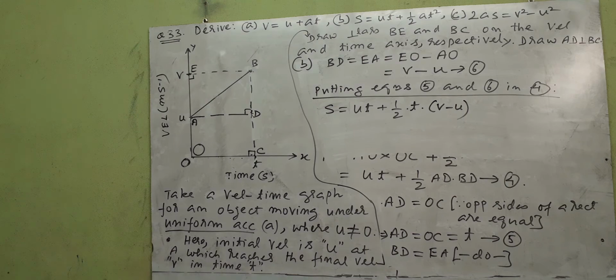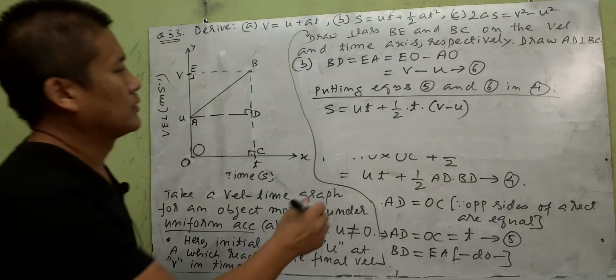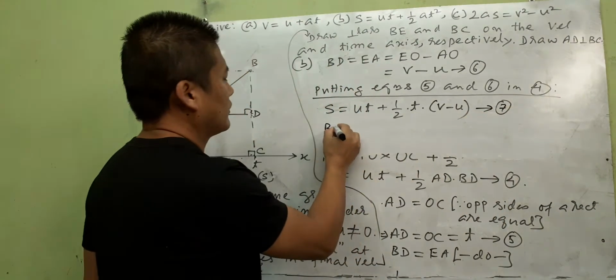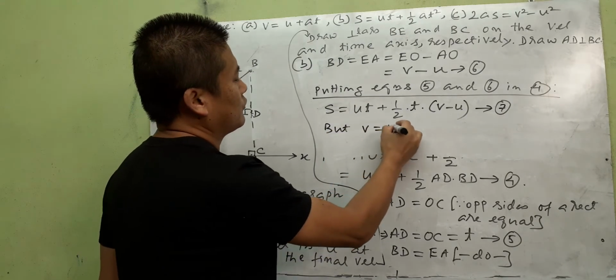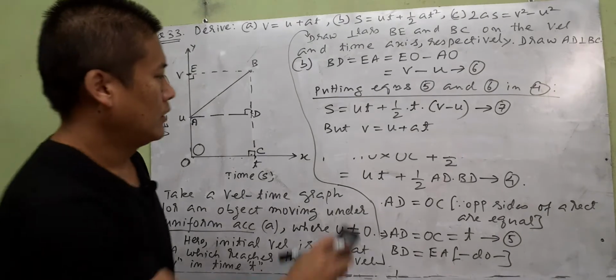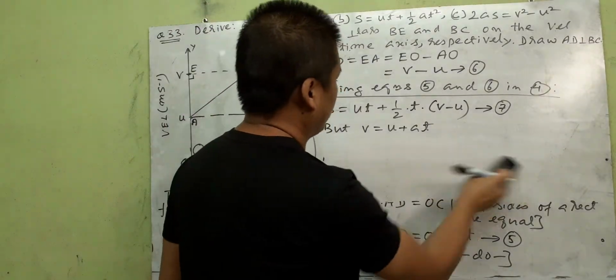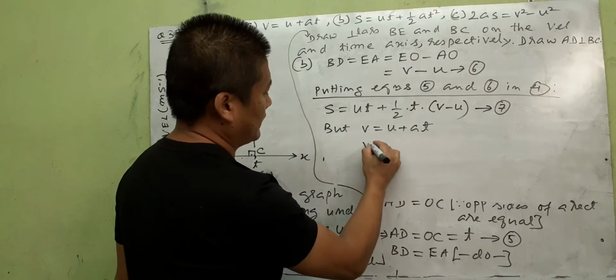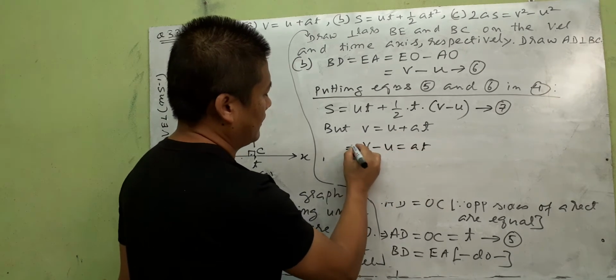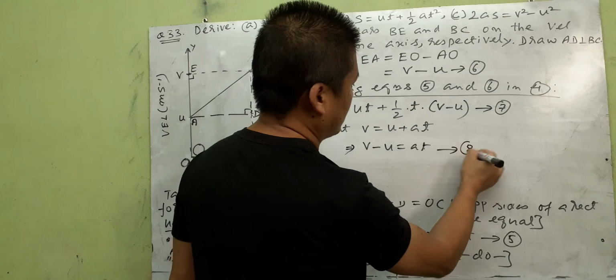Now, as we get this one, UT plus half T into V minus U, let us put this one as equation number 7. But we also know the first equation, V is equal to U plus AT, already solved, right? So we want to change this into that form. So V minus U equal to AT. This is equation number 8.